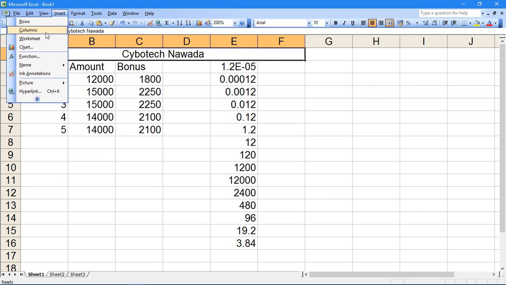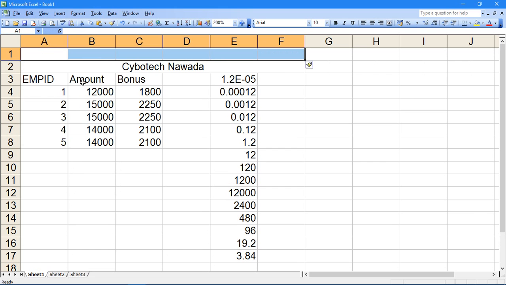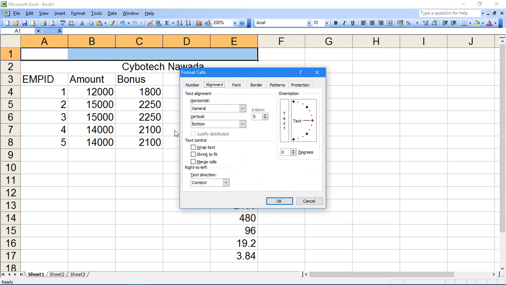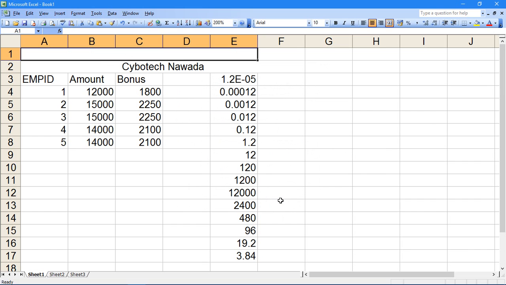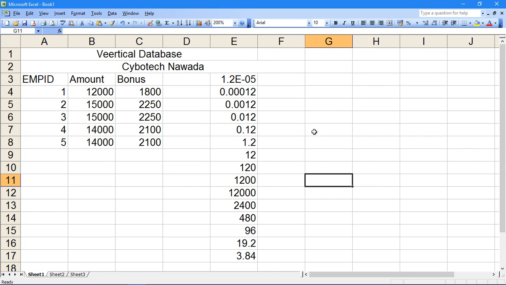This is a vertical database. Now suppose, somewhere in the cell, here I am writing a value 15,000.